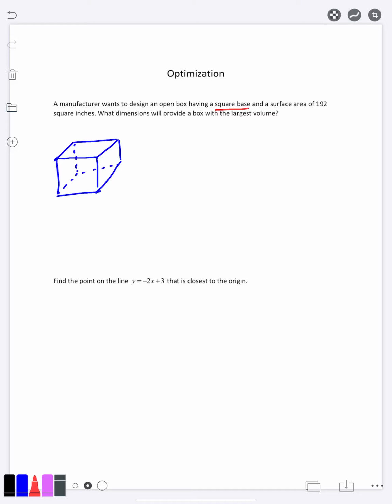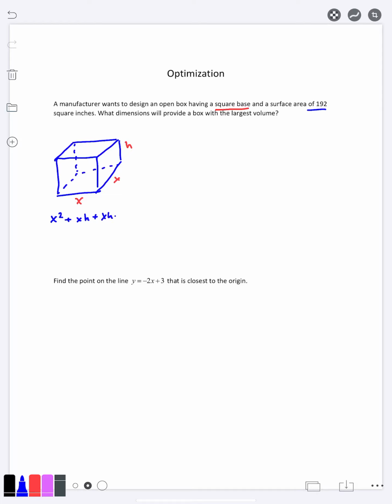So if it's a square base, then if the length is x, then the width will also be x. And we're going to call the height h. Now, let's see what we know. We know that the surface area is 192. So how do you find the surface area of a box? Well, the area of the bottom is x squared. The area of the front side is xh.